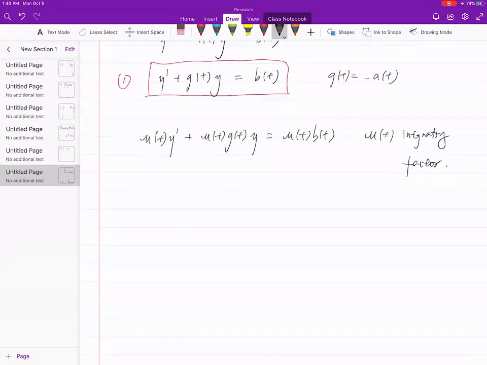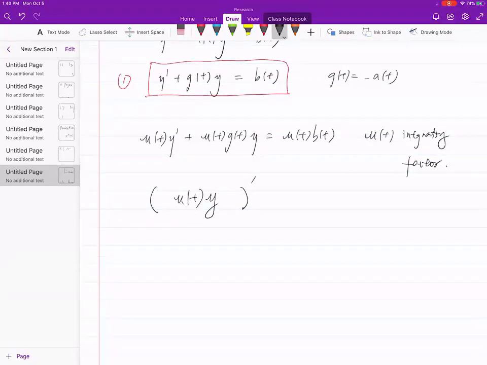What's your hope? Your hope is after you do this, the whole thing on the left becomes a product rule. Let's just call it mu(t).